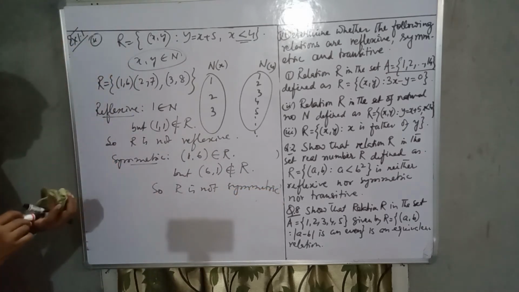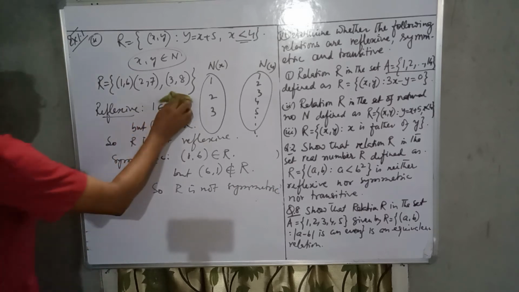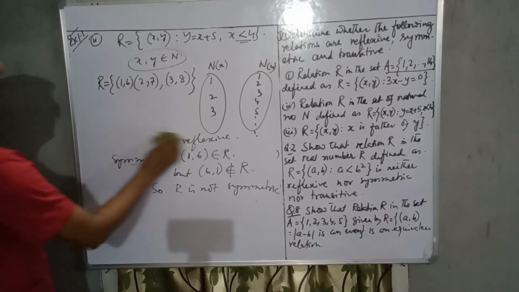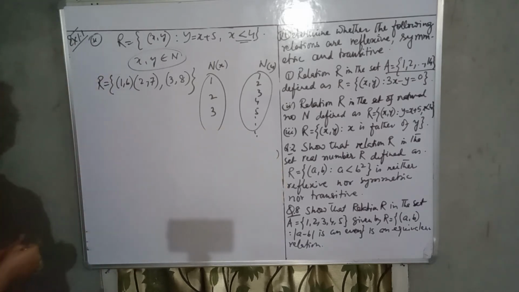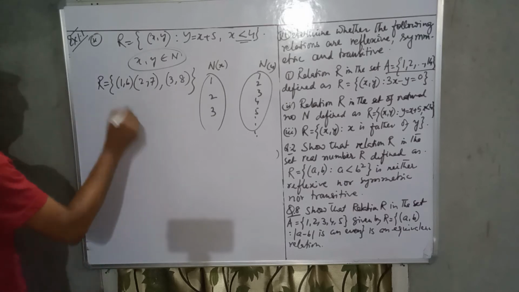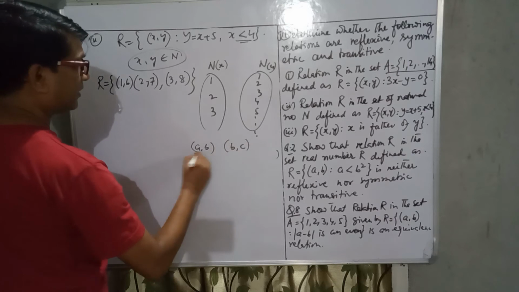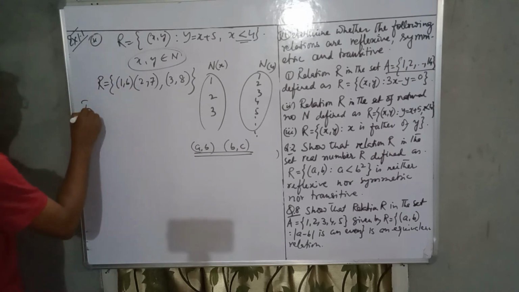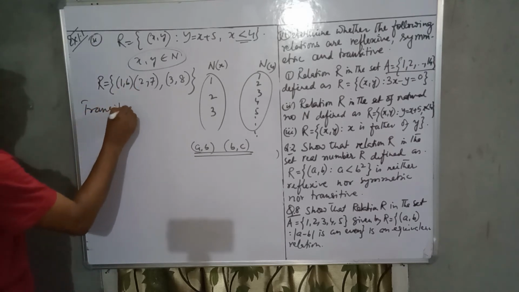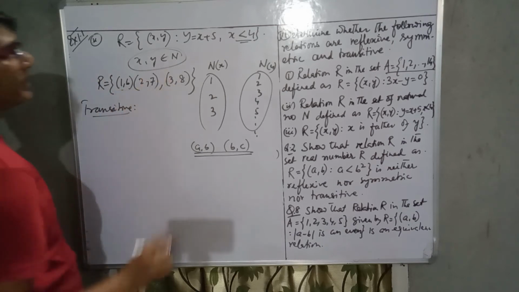And the last one, we have to check transitivity. How will we check transitivity? The elements should be like this: a comma b, b comma c. That type of elements we need. Here the elements are 1 comma 6, 2 comma 7, 3 comma 8.